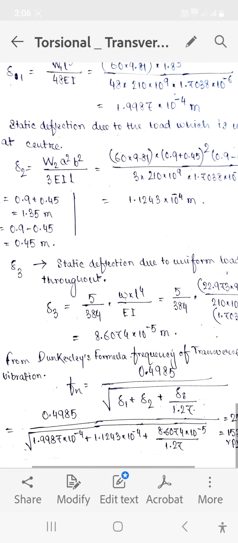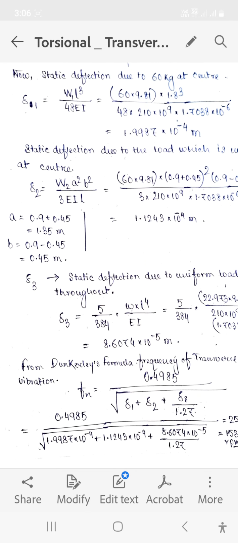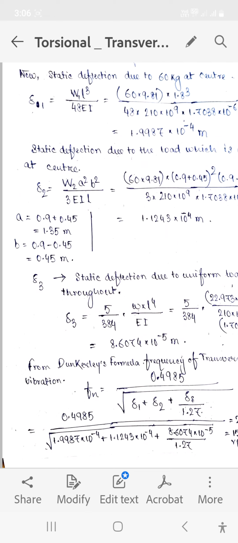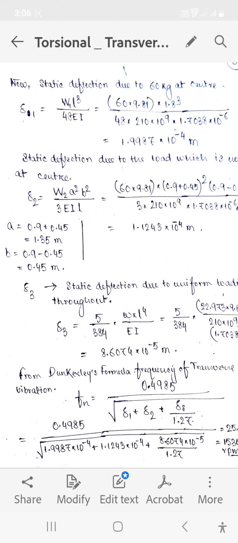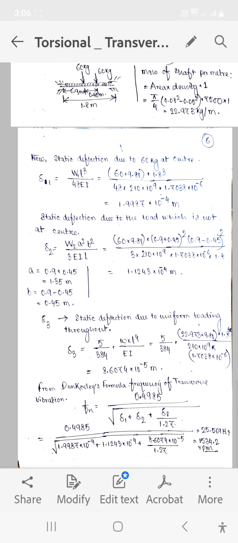In such case, you have to use this formula to find the deflection. Once all the deflections due to loadings are obtained, you can use this Dunkerley's formula. If the uniformly distributed loads are absent, then this delta S will not be there. Then you can find delta 1 plus delta 2 plus delta 3 under the root. Once this frequency is obtained, we get the RPM.